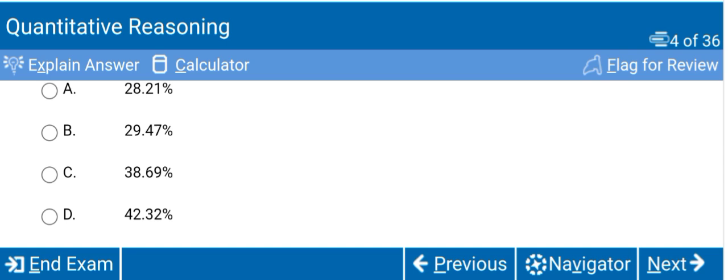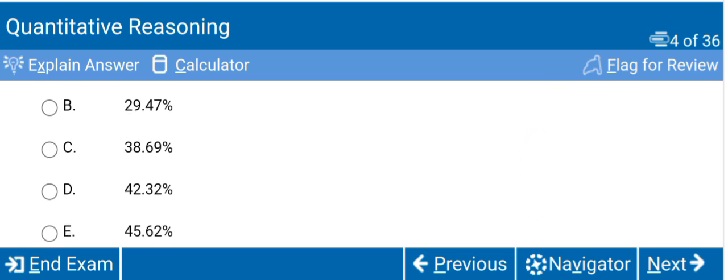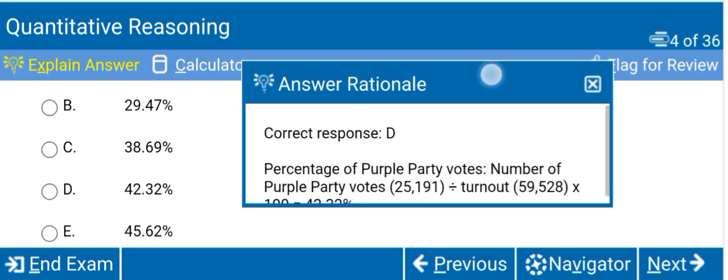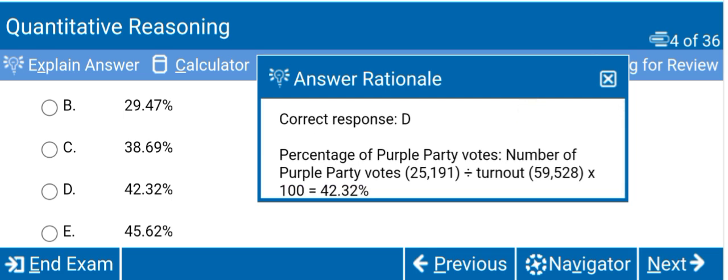Option C, 38.69%. Option D, 42.32%. And option E is 45.62%. Now the correct option is option D.